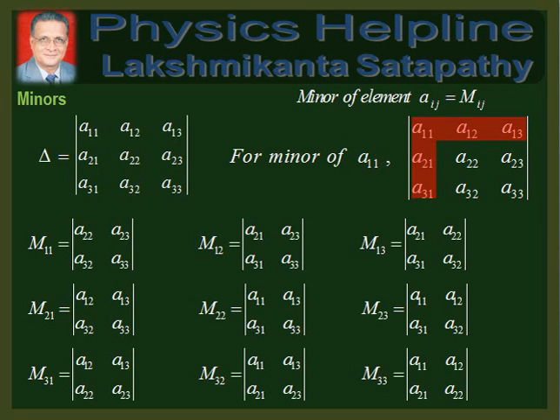We observe that M11 is the minor of the element A11. It is important to note that none of the elements of M11 has row number 1 or column number 1. This rule is also applicable to the other 8 minors.